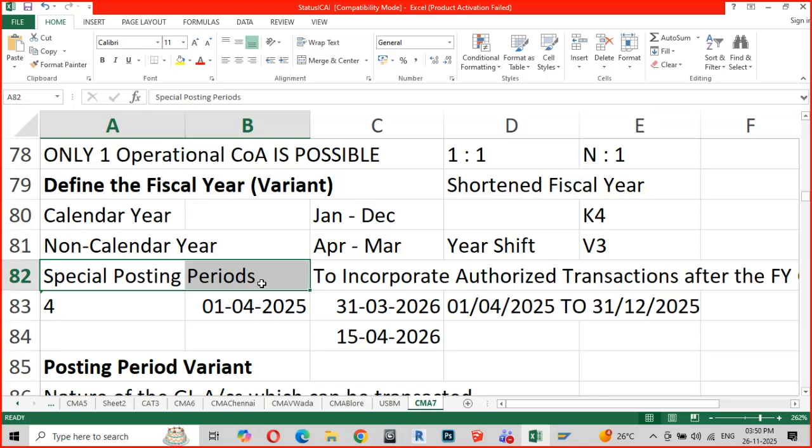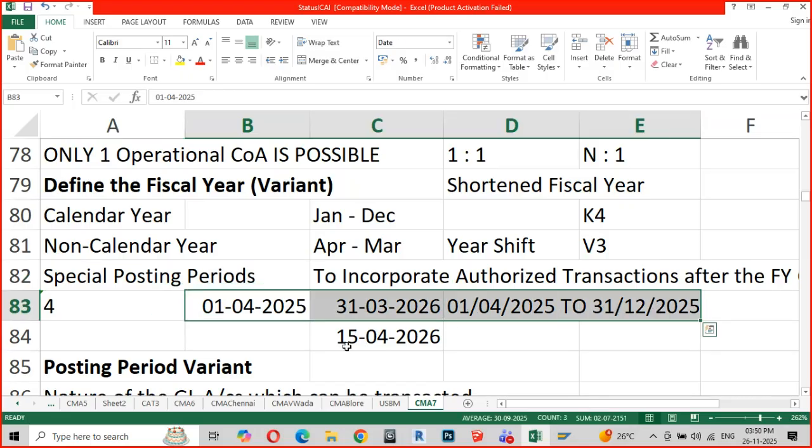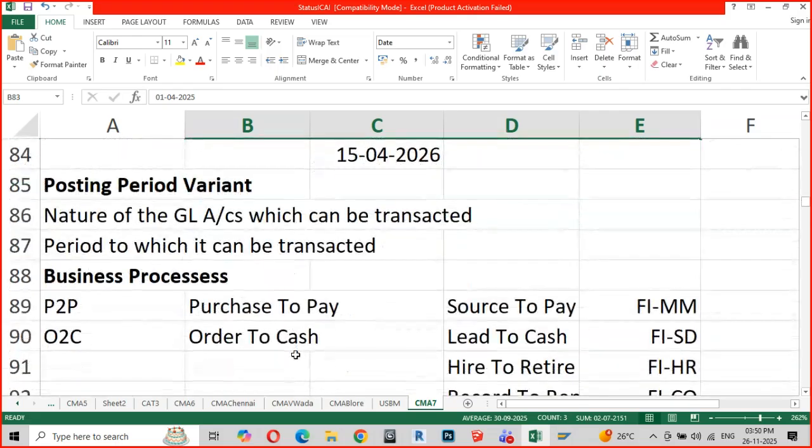Clear, students? I've already given you an example. Now, posting period variant.